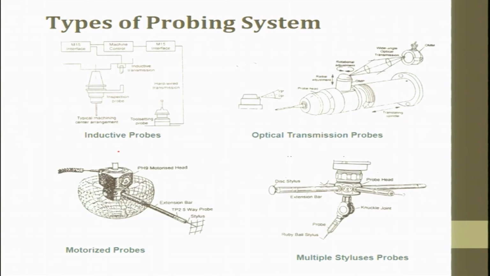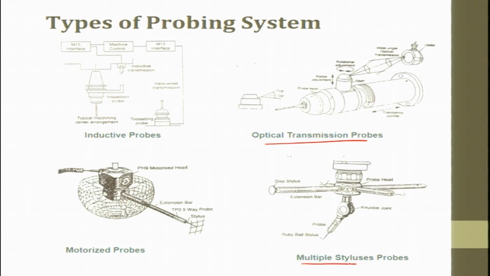Different types of probing systems are there. We have the inductive probing system, where inductive transmission is the principle. Then optical transmission probes are there, where optical transmission is the principle. Similarly we have motorized probes, in which motors can rotate or move the probe.